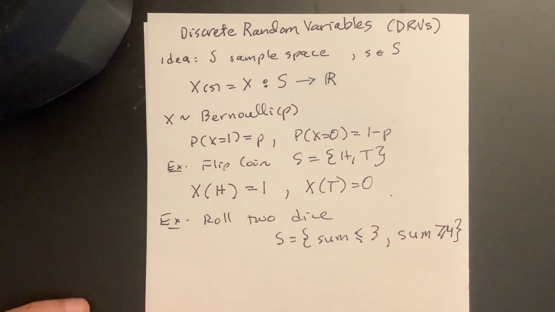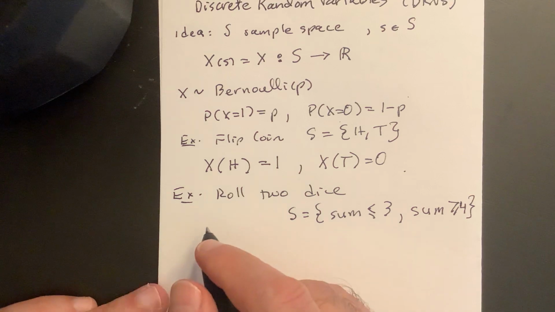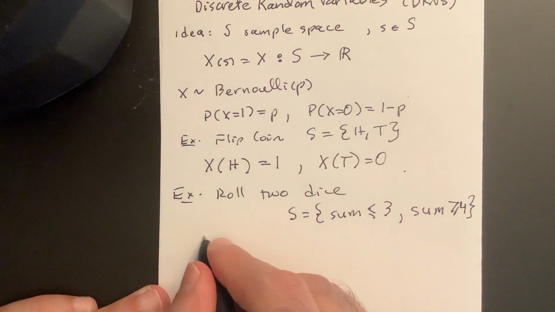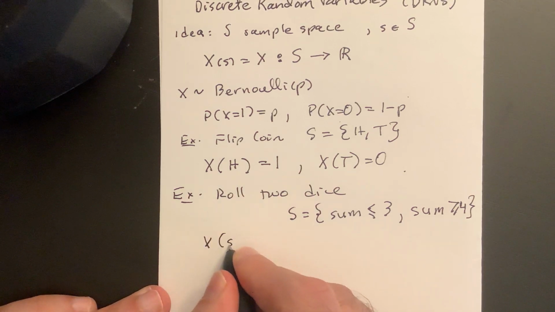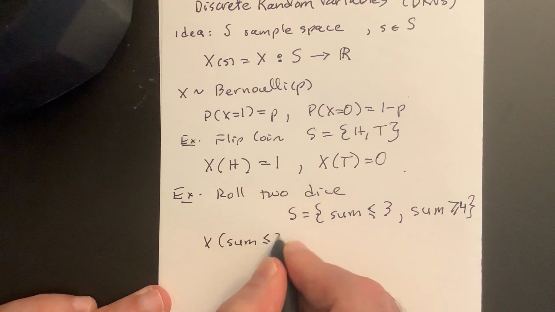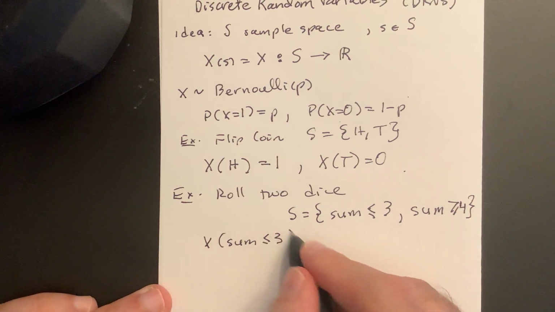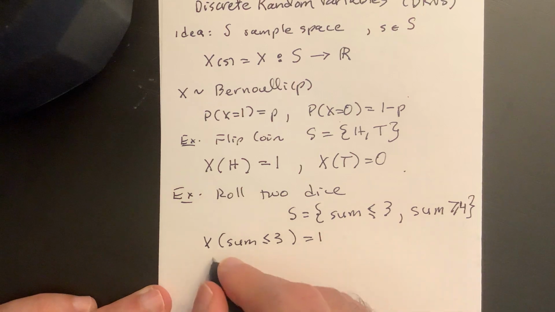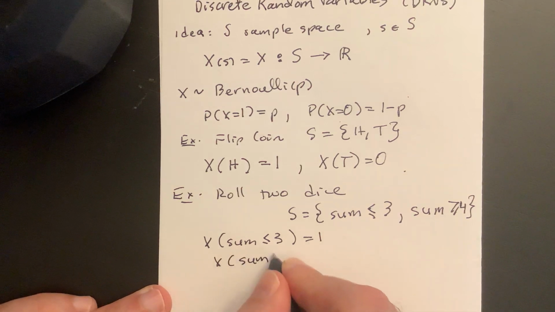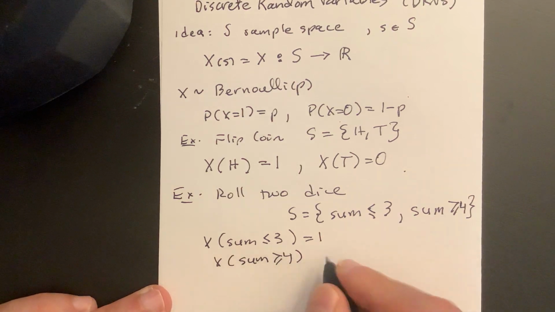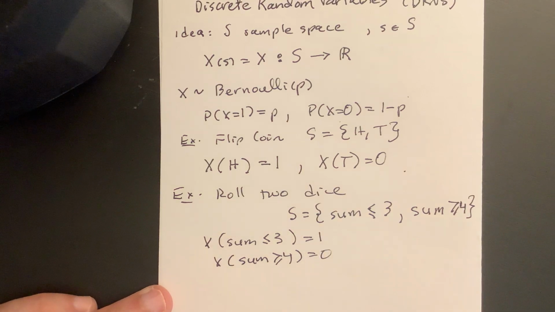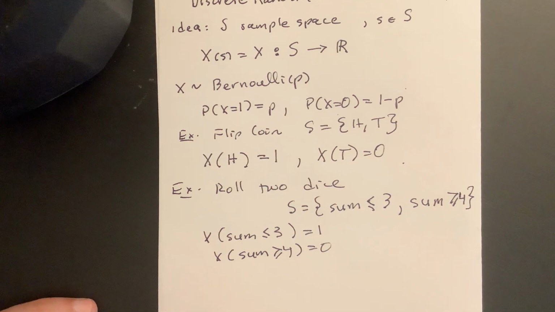Something like this. Okay, so we would set X of the first one be equal to 1, maybe X of sum. Okay, we want to get a 2 or a 3.